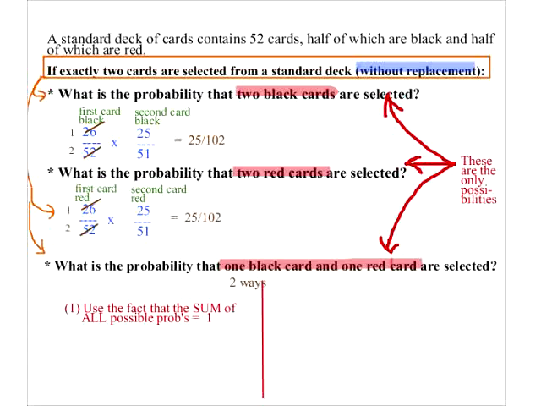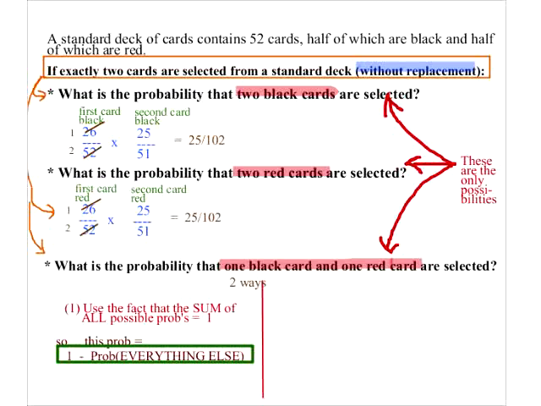So if you do that, this probability is 1 minus the probability of everything else. That's a useful takeaway. If you can find the probabilities of the other events, then your probability is just 1 minus the probability of those events.